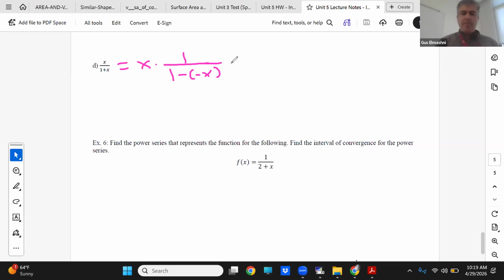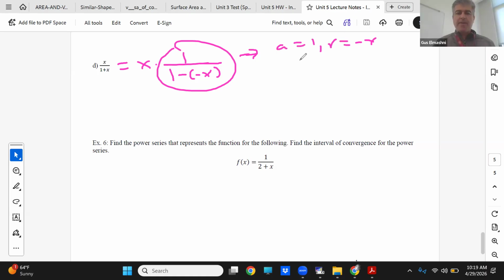So if I think about it, I could just focus on this. What's my a for that? And my r, of course, is negative x. So if I just focus on this, I'm going to have 1 minus x plus x squared minus x cubed plus dot, dot, dot.